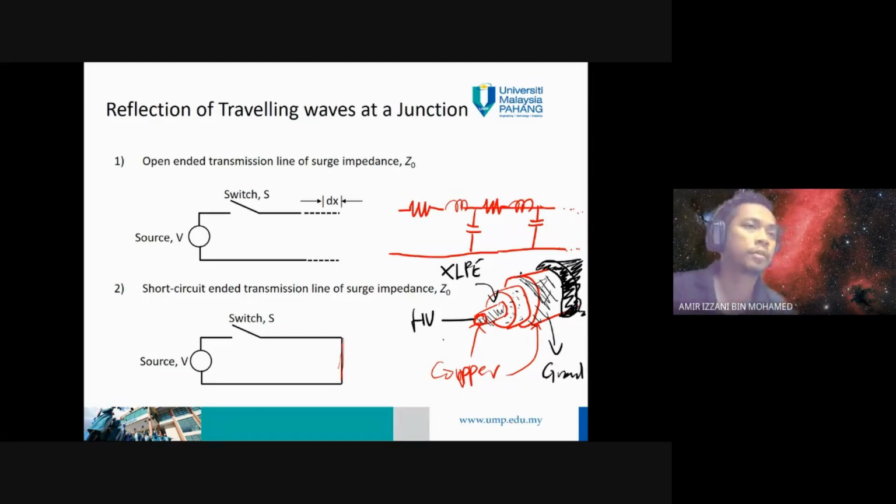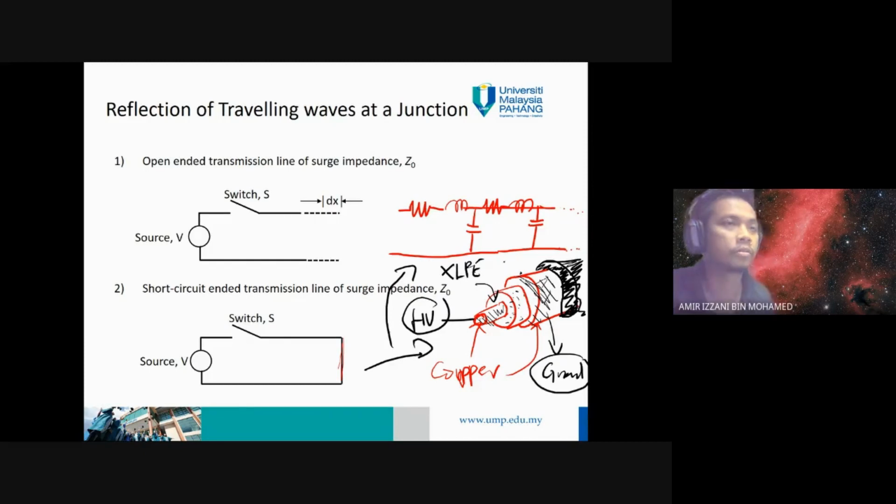From here, we should be able to understand that if we put this configuration into a circuit, it will be this one. This is the high voltage part, this is ground. When we have the high voltage part, it means we have positive charge, and the ground will attract negative charge.